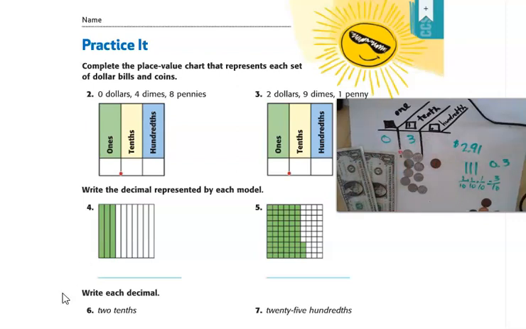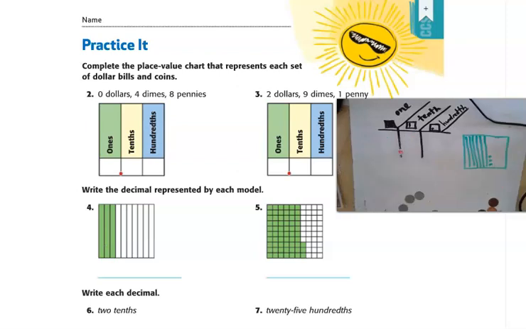I'm going to set up for number 5. Okay, so I've just made a picture that matches here. Count the number of solid rows. You'll see there are 6 solid rows, and if you count the squares, 3 squares by themselves. Since there is nothing that is completely shaded, that means there are no ones.